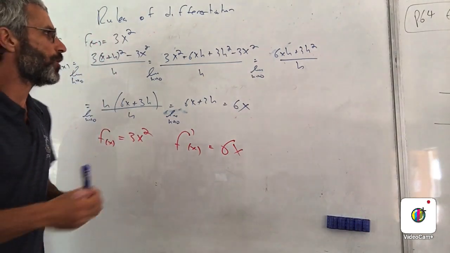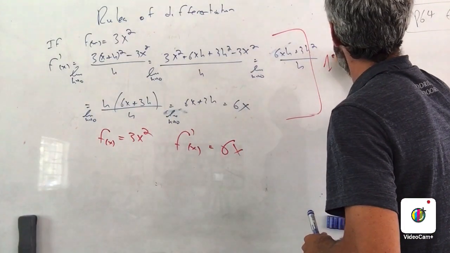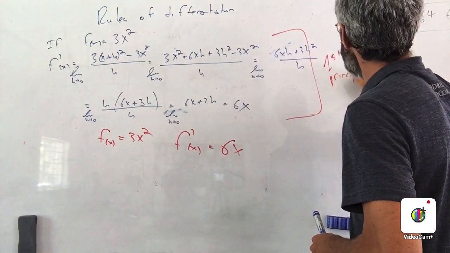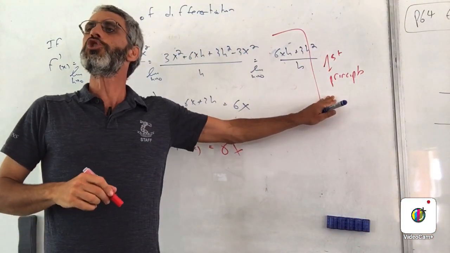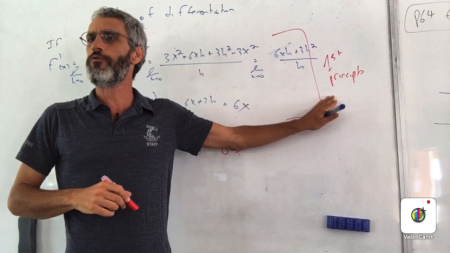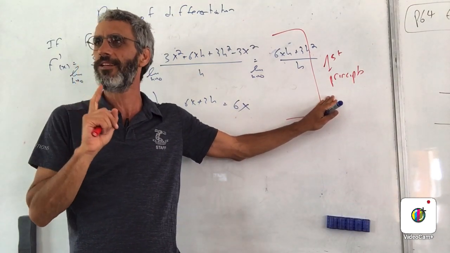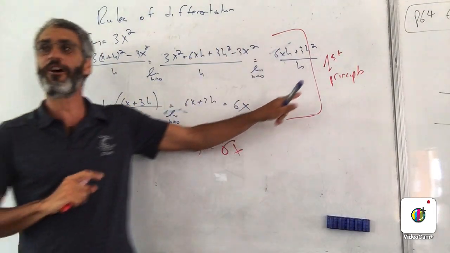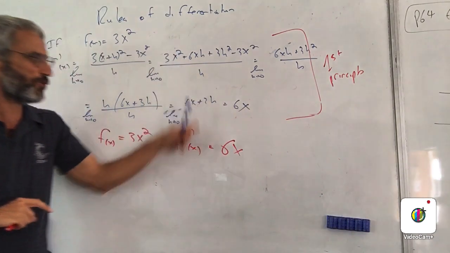So I've been doing that method the whole time. But you should have. Because guys, this method is called first principle. Let me just clarify. You need to be able to use first principle, and you will, in fact, have one question in the test where you'll have to do first principle. If I ask you to calculate the derivative or the gradient using first principle, you have to do that.